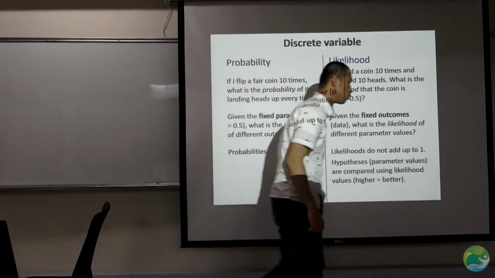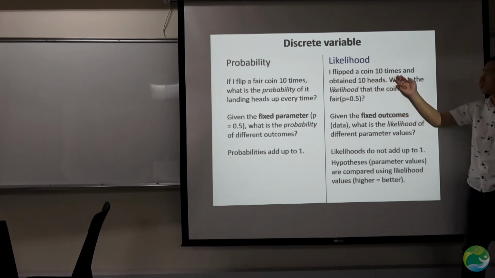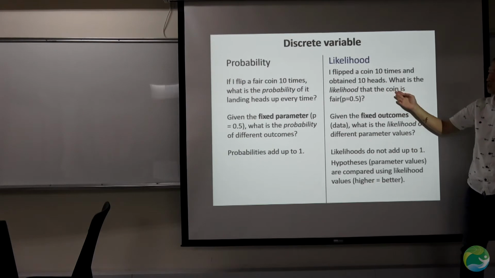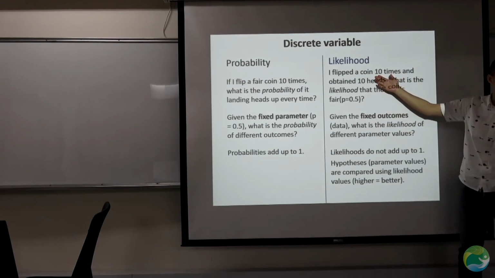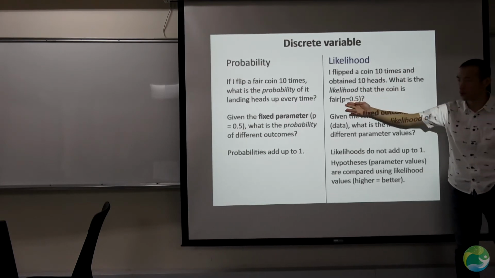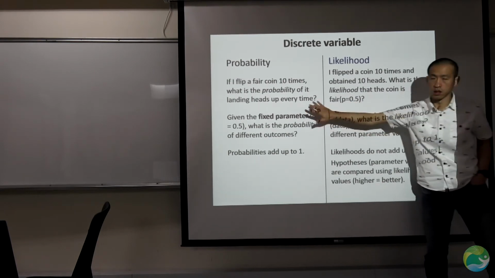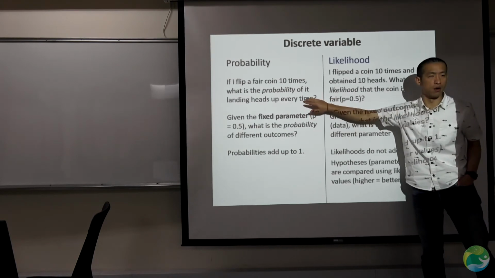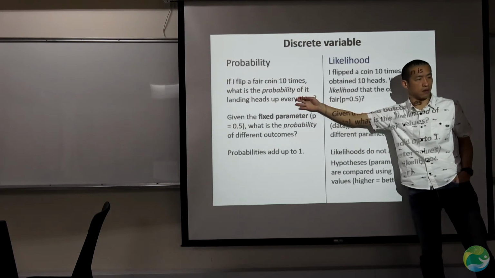But in the likelihood concept, it's different. If I flip a coin 10 times and obtain 10 heads, what is the likelihood that the coin is fair? Given the data, I want to know, is this parameter likely or not likely? For the probability case, given the parameter, I want to know the probability of each possible outcome.